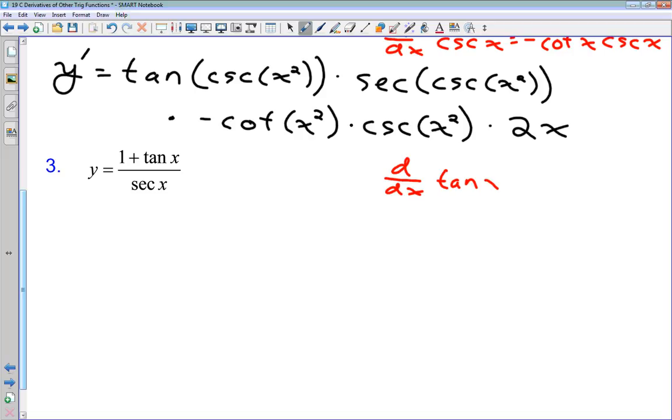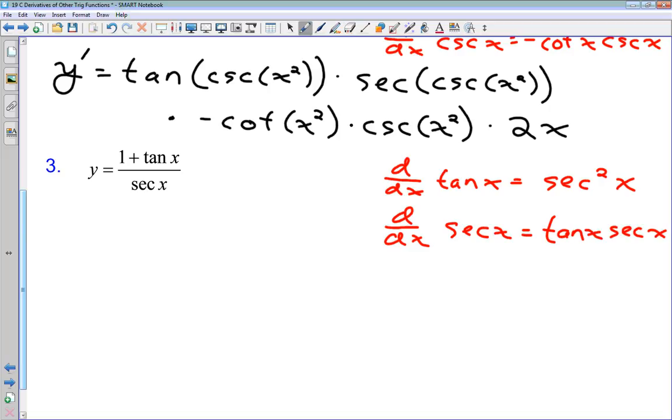Derivative of tan x is secant squared of x. The derivative of secant x is tan x secant x. Whoops, and I forgot my x there. Sorry. All right, let's apply our quotient rule.